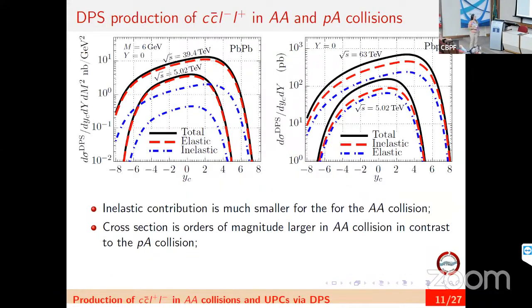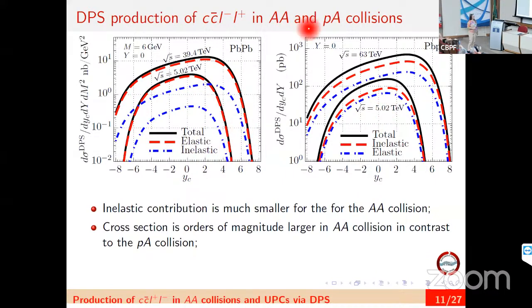The total results go with the charm rapidity. Here we plotted the contribution of inelastic photons just to show you that they do not contribute so much to the total result.